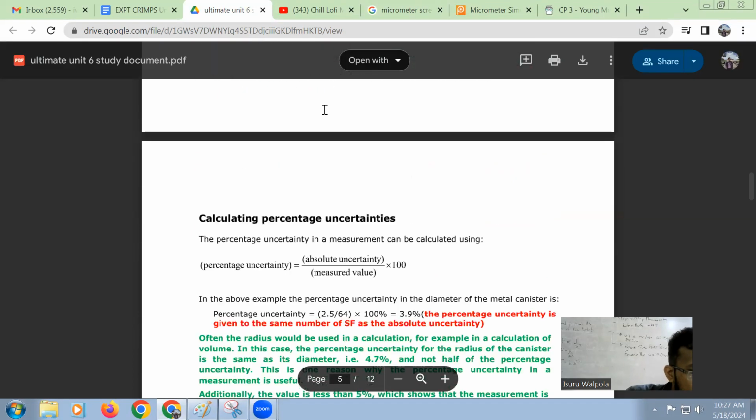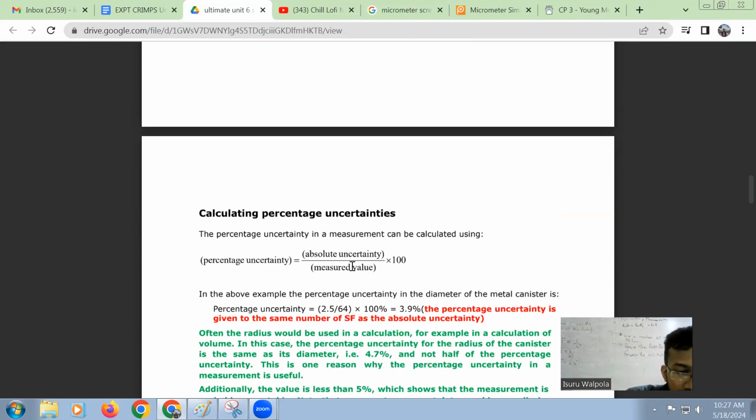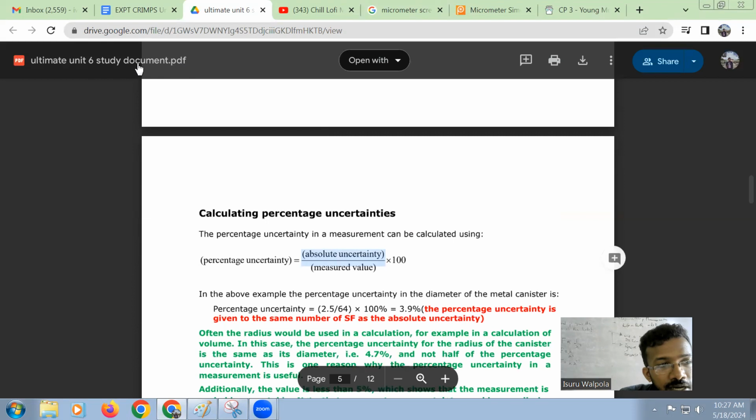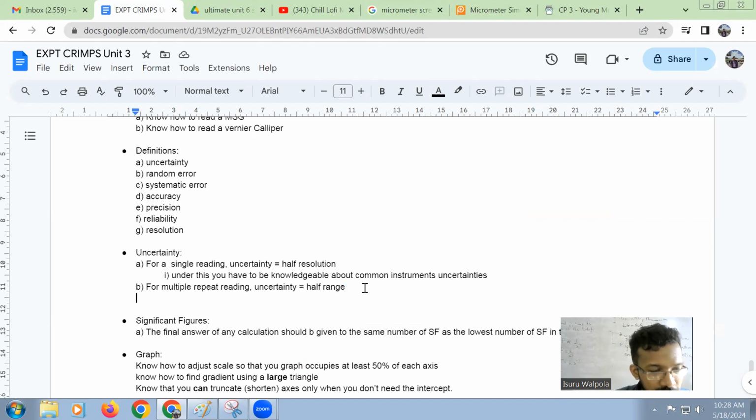You should also know how to calculate percentage uncertainty. You take that uncertainty and divide by the measured value, which you are doing for a single reading. For repeat readings, percentage uncertainties, what have we discussed? The half range. Yeah. For multiple readings, we use uncertainties half range. Now for percentage uncertainty, I will add that actually.